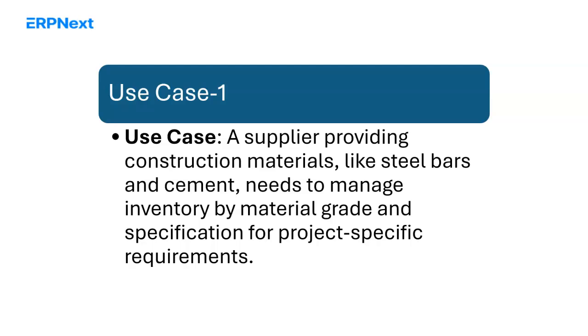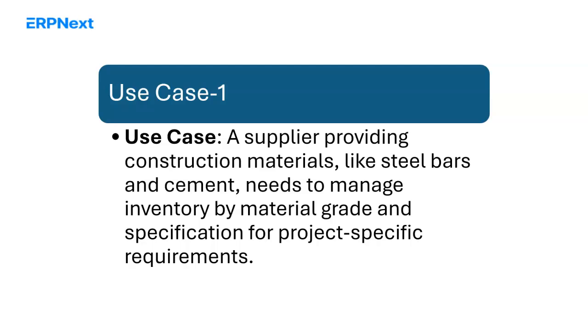So either you have an option where you create multiple products with the naming addition of a grade and the specification, or you can create a simple product, but create the inventory dimensions with the grade and the specification. So we can manage them under one item with the dimension.